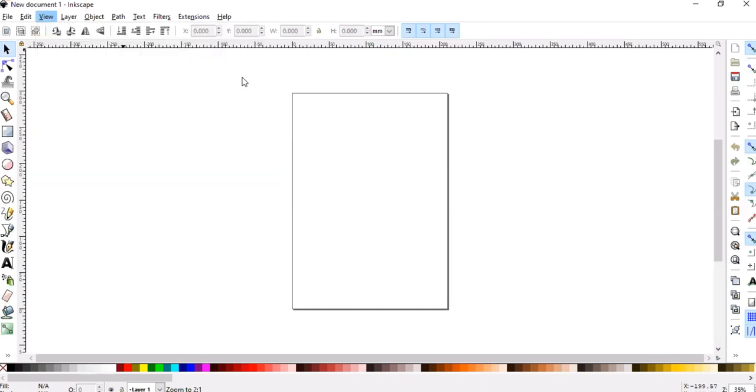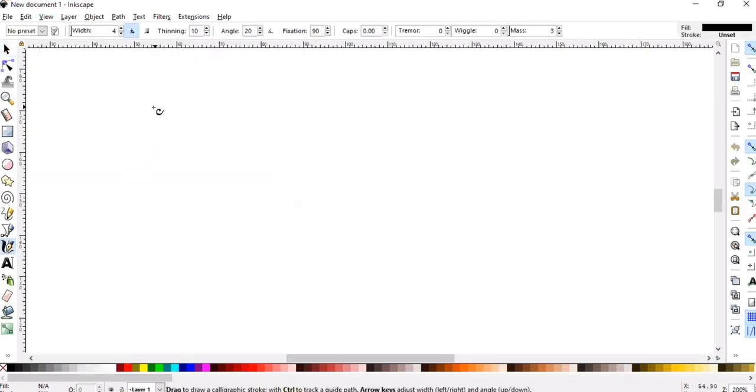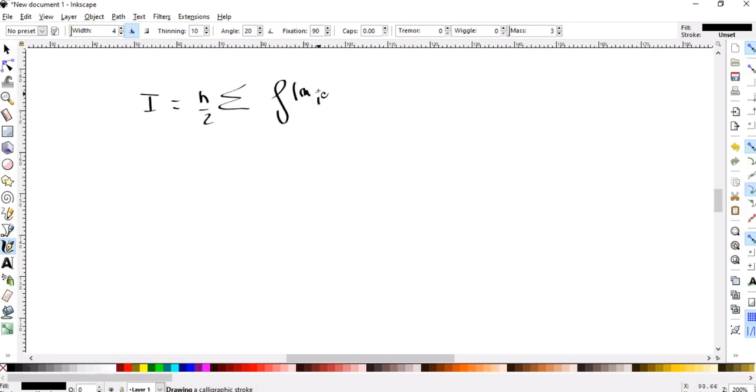I'll show the screen. So we have that the integral is the sum of h over 2 f of xi plus f of xi plus 1.